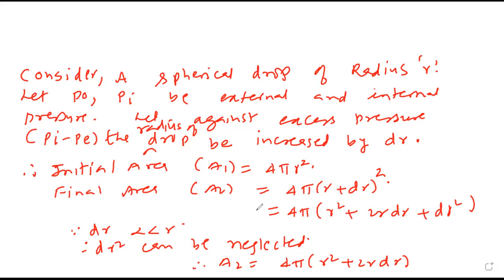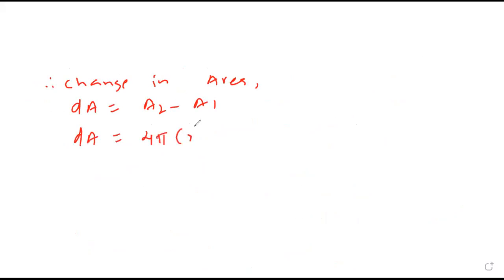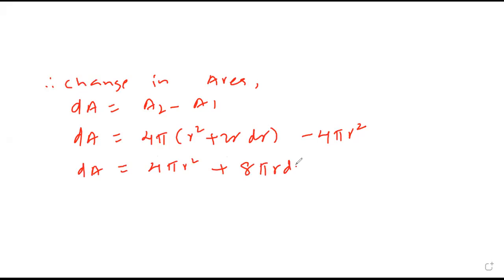Therefore, change in area dA equals A2 minus A1, which is 4 pi r square plus 8 pi r dr minus 4 pi r square.